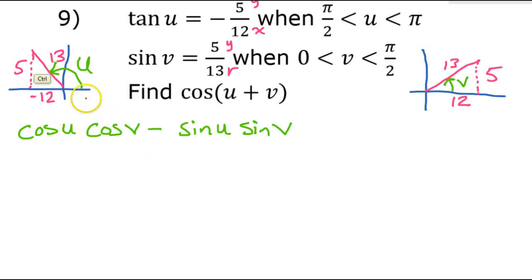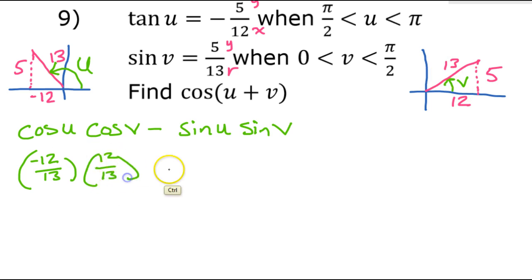Okay, now cosine of u, that is x over r, so that's going to be negative 12 over 13. The cosine of v, x over r, that's positive 12 over 13. Sine of u, that's y over r, 5 over 13. Sine of v, also 5 over 13.